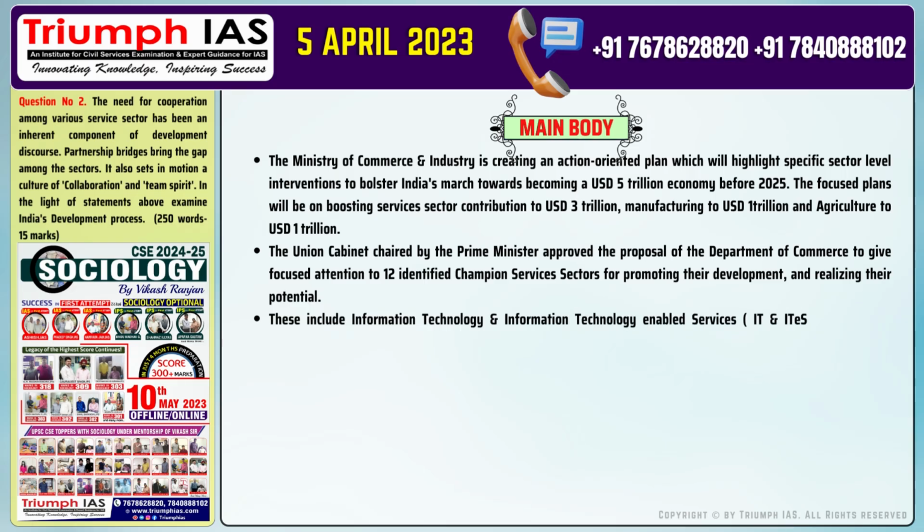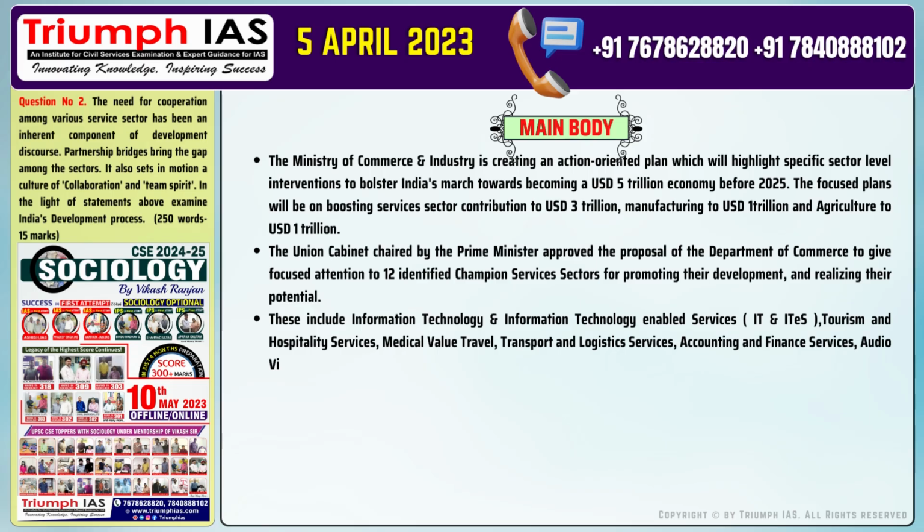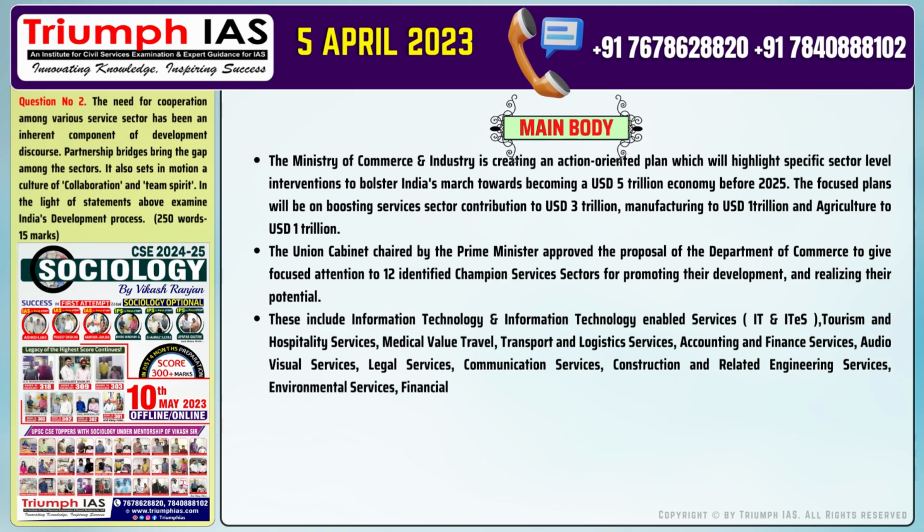These include information technology and information technology-enabled services, IT and ITES, tourism and hospitality services, medical value travel, transport and logistics services, accounting and finance services, audiovisual services, legal services, communication services, construction and related engineering services, environmental services, financial services and education services.